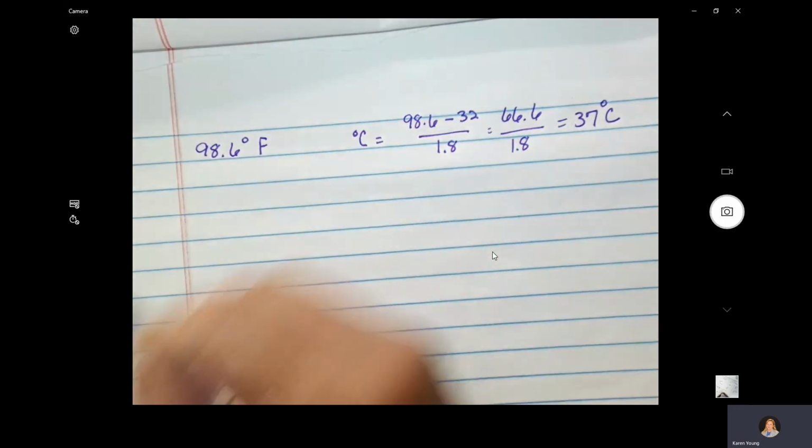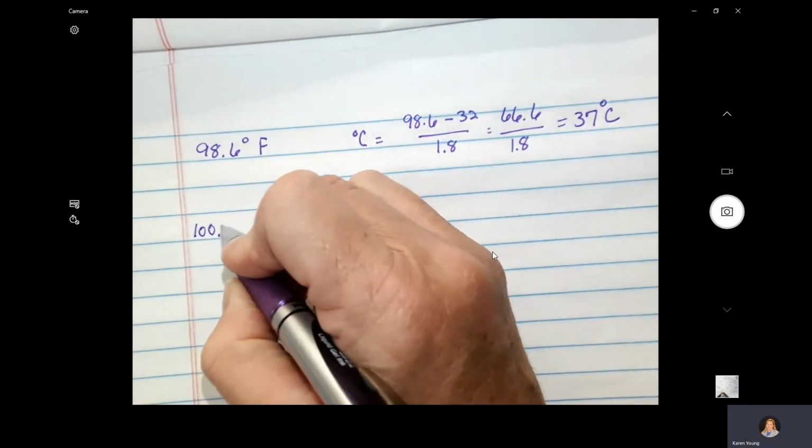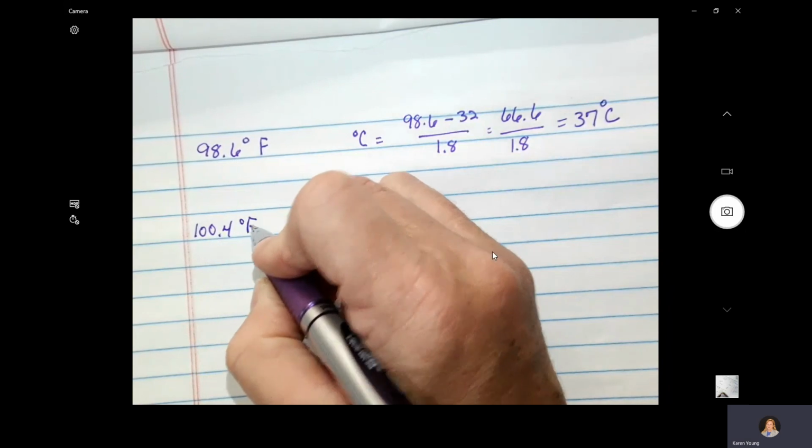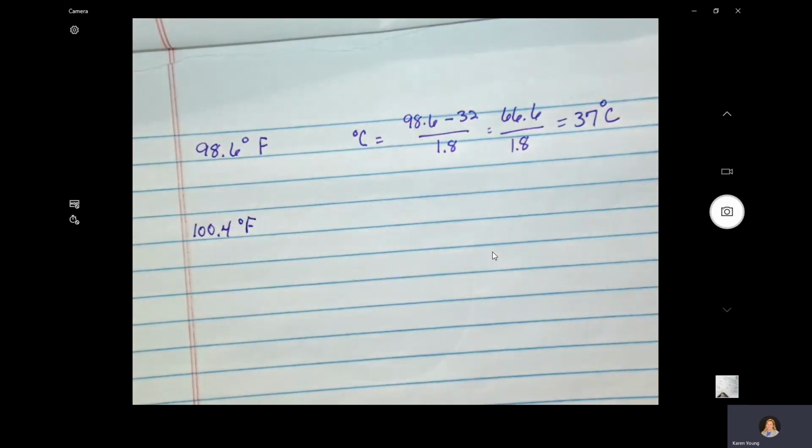They told me this morning, because I asked, 100.4 degrees is the temperature you're supposed to have when you have COVID. I want to say the cutoff, but that's the starting point. You've got a temp of 100.4 or over.